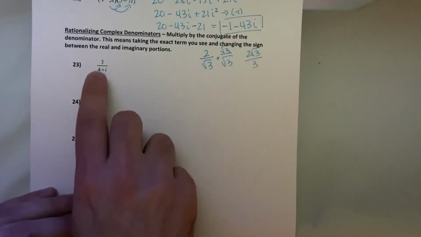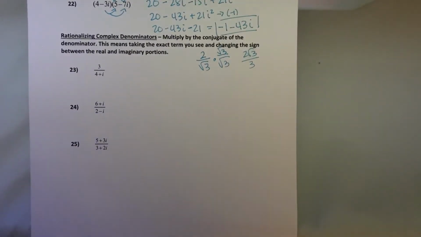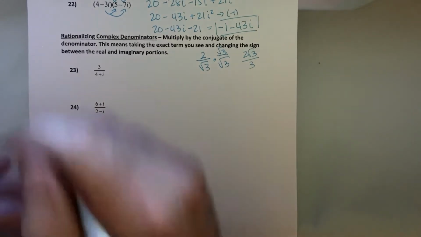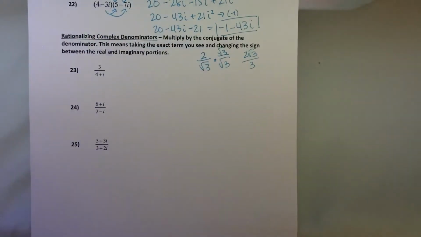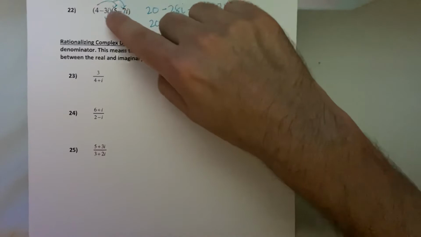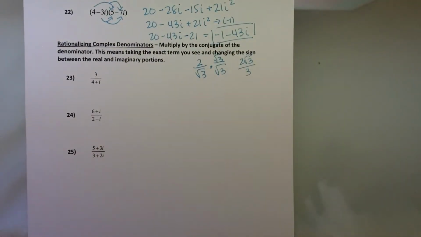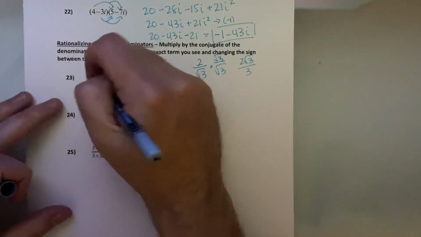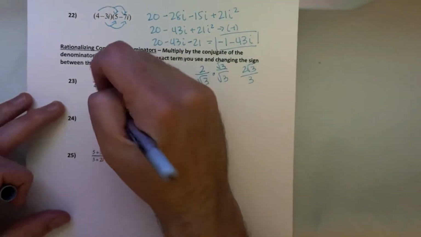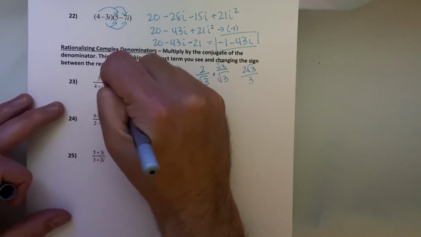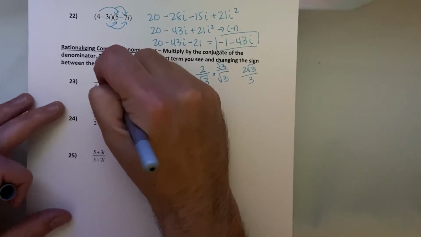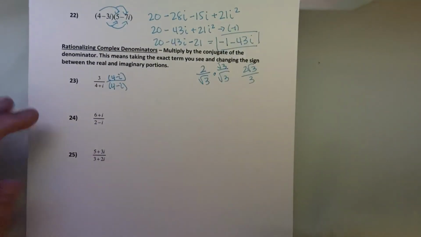That is, whatever you see in the denominator, you multiply by the exact same thing with the opposite sign in the middle. What this does is it makes the middle terms opposites, so that when you add them together, they become 0. So what's the conjugate of 4 plus i? 4 minus i. So I'm multiplying by 4 minus i over 4 minus i.